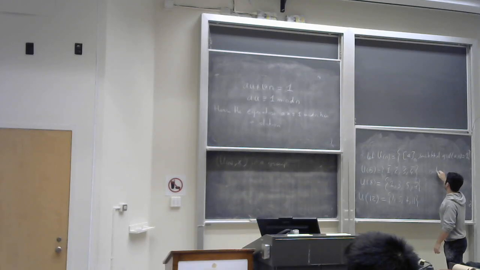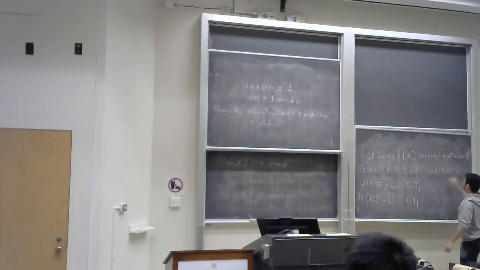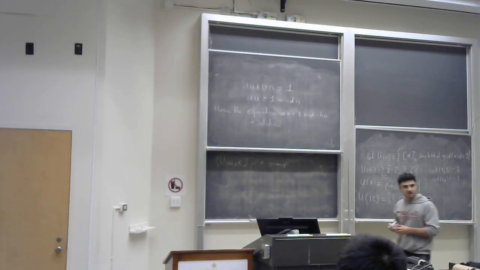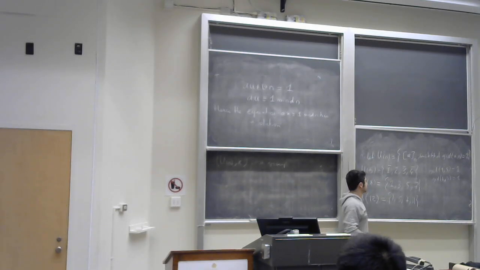What's the gcd of 9 and 5? 1. And what's the gcd of 4 and 5? It's also 1, right? 9 and 4 are congruent mod 5, and when you take the gcd of 9 and 5 and the gcd of 4 and 5, you get the same number. This is a question in your assignment.